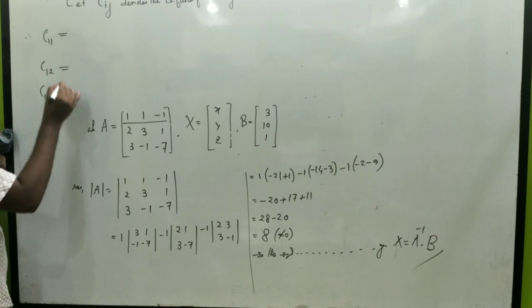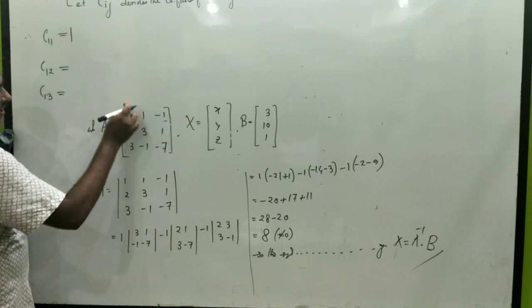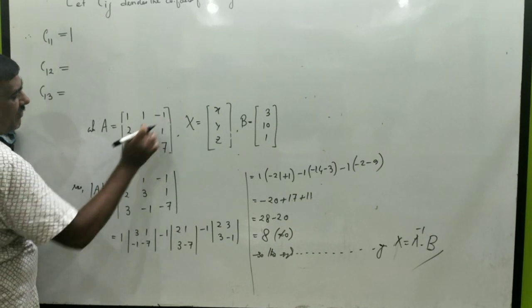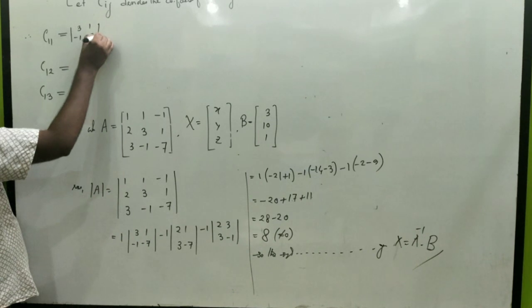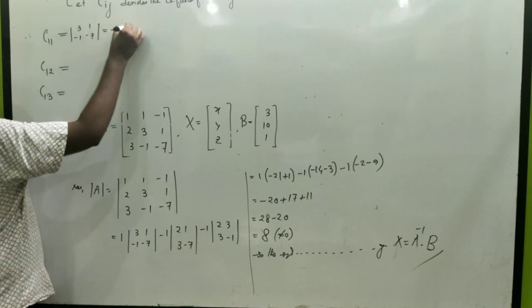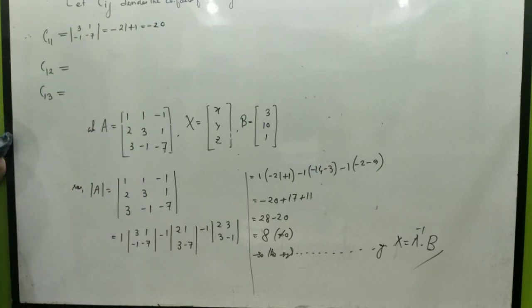1 plus 1 is even, so positive. Suppressing the row and column, we get 3 1, minus 1 minus 7, that is minus 21 plus 1, that is minus 20. Clear?